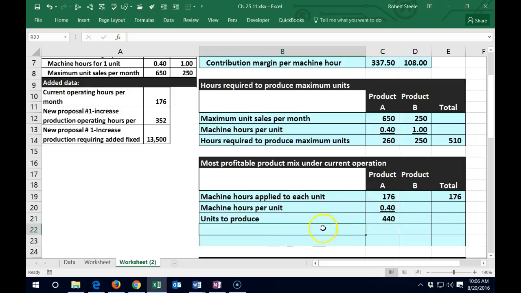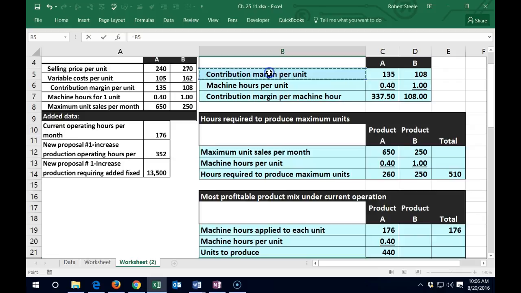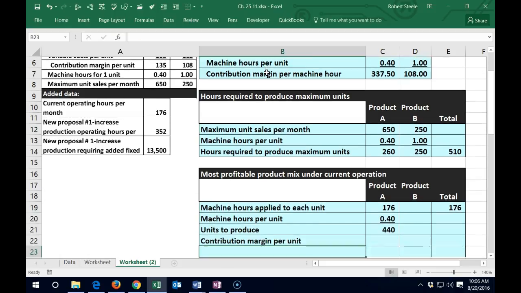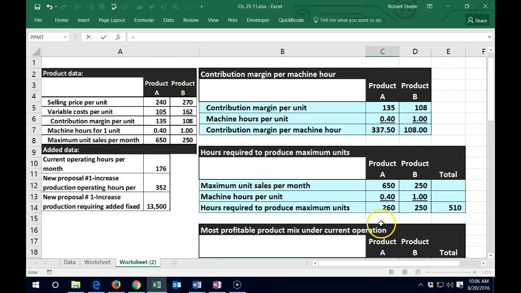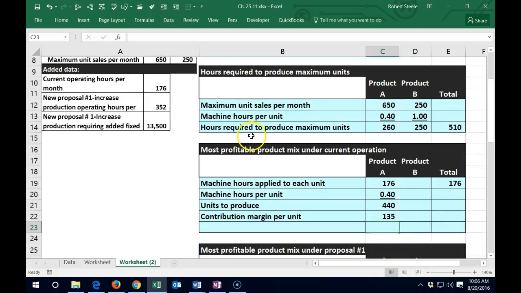Then we're going to multiply that times the contribution margin per unit. So remember, the contribution margin per unit is the selling price per unit less the variable cost. That's what we're walking away with after variable costs, not including the fixed costs. And so that's going to equal, in this case, this number here, the 135, which is given in the data up top.